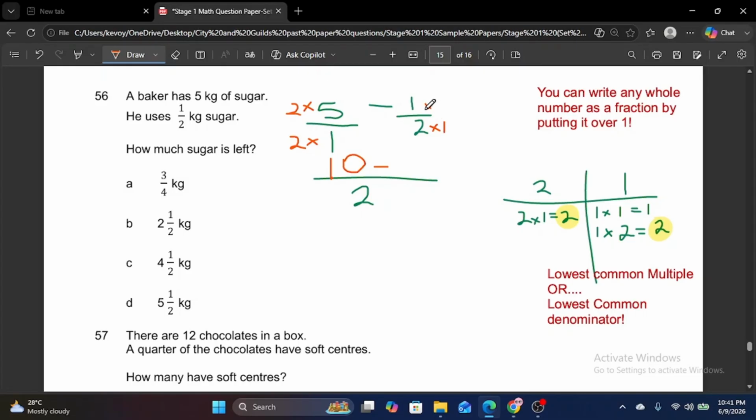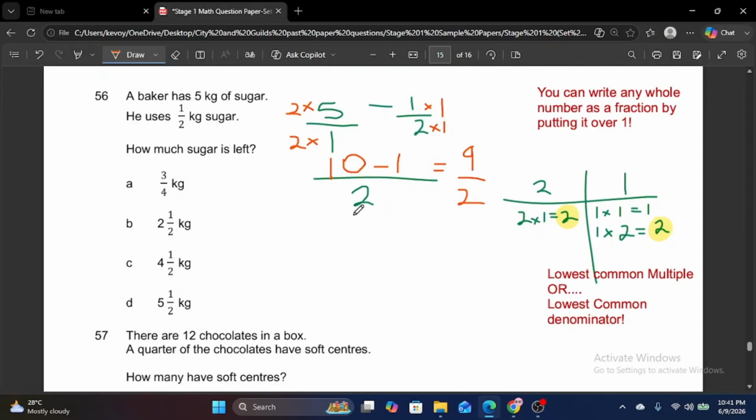Right here, you're going to multiply it by 1 as well. So 1 times 1, that's going to be 1. After subtracting right there, you have 9 over 2.